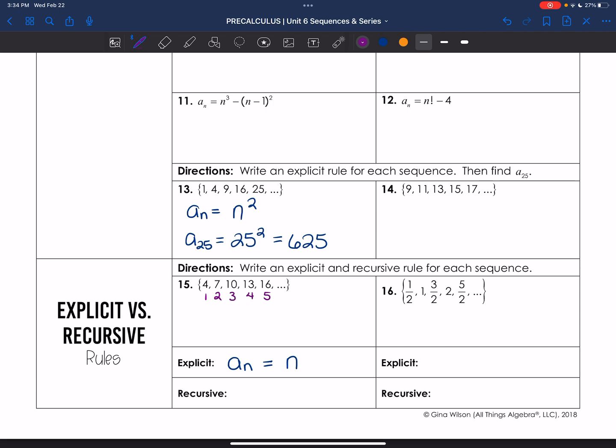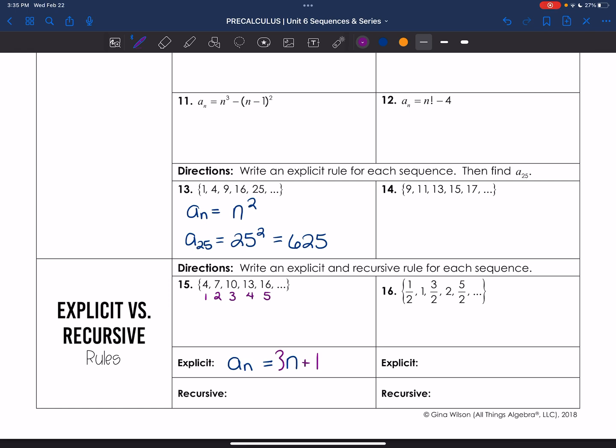Okay, well, from 1 to 4, that looks like adding 3. But if I add 3 to go from 2 to 7, that doesn't work. Okay, so let's see. What could we do? What if I take 3 times it and then just add 1?